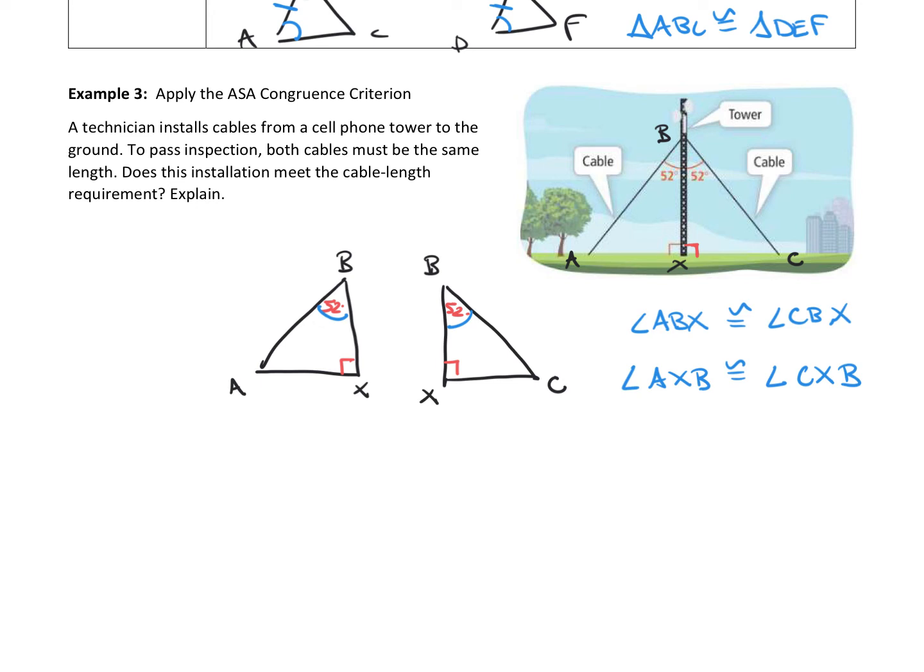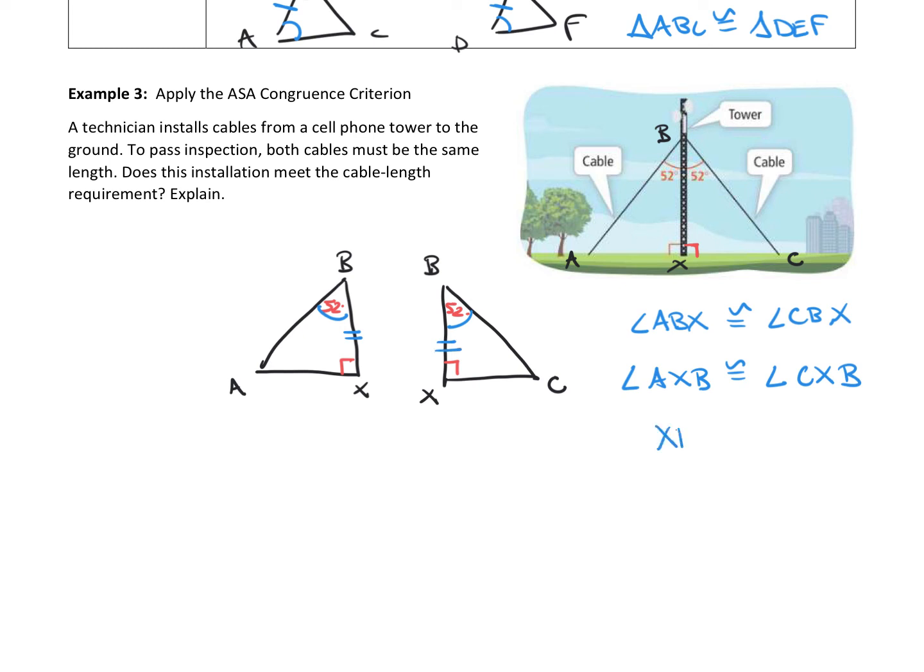Do you notice that the triangle on the left has this segment BX and the triangle on the right also has BX. If we look at the picture, that BX is actually the same segment. That's the tower. So that tower is part of both triangles. So what that means is the tower in one triangle, XB, will be congruent to the tower in the other triangle, XB.